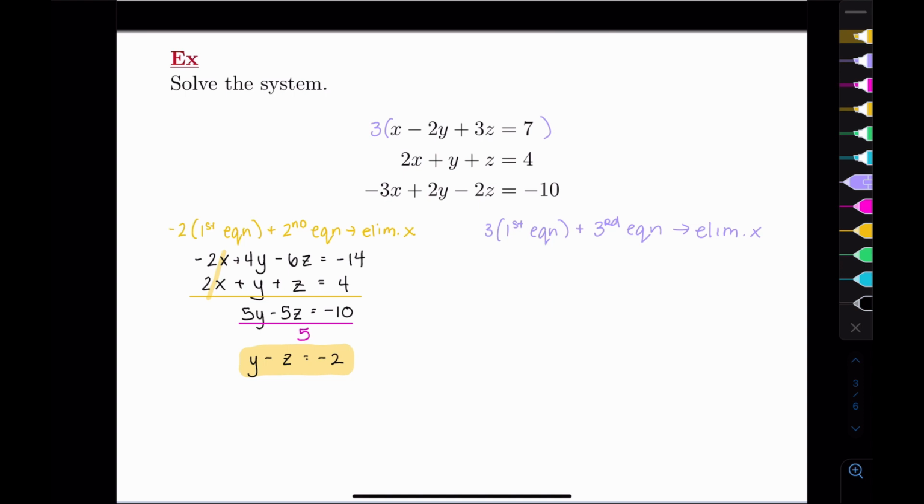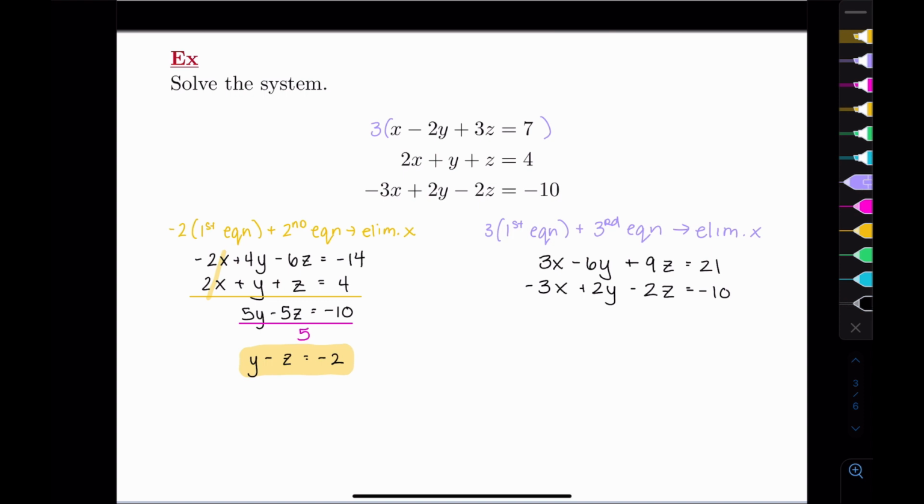When I do 3 times this first equation, that gives us 3x minus 6y plus 9z equals 21. And then I just copy what I have for the third equation down.